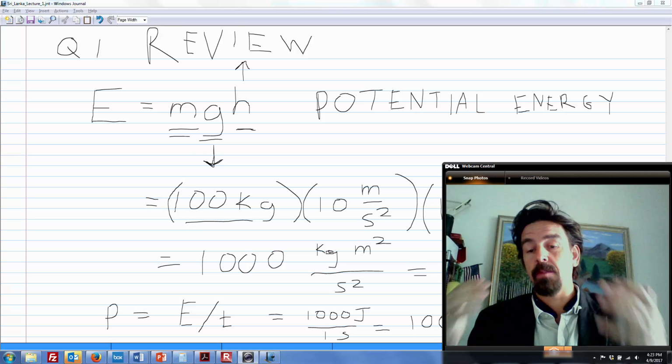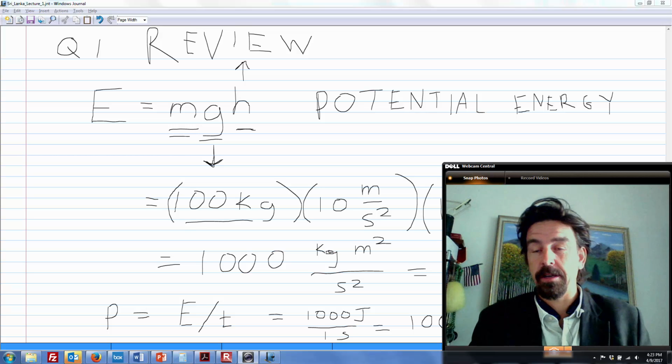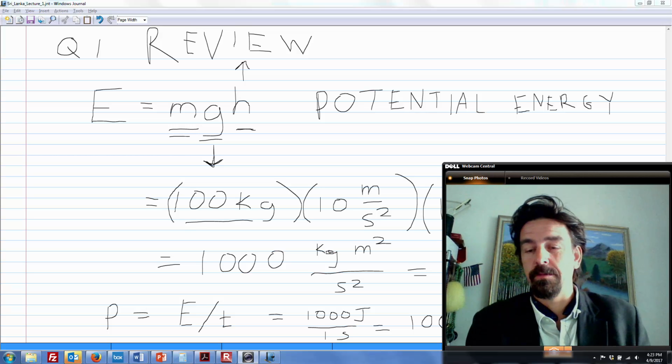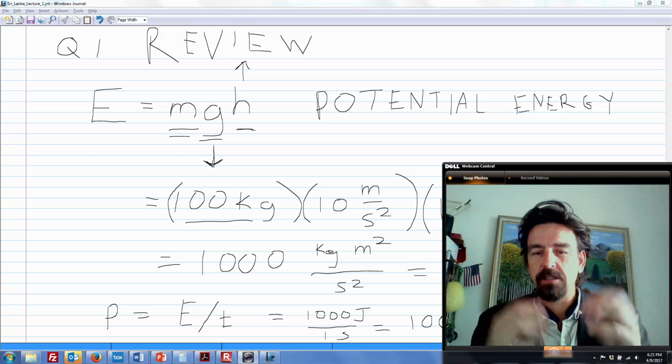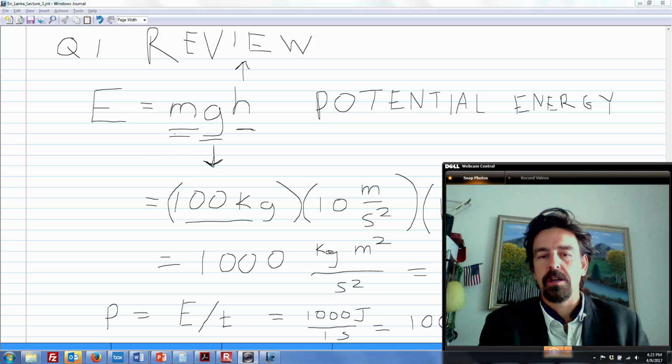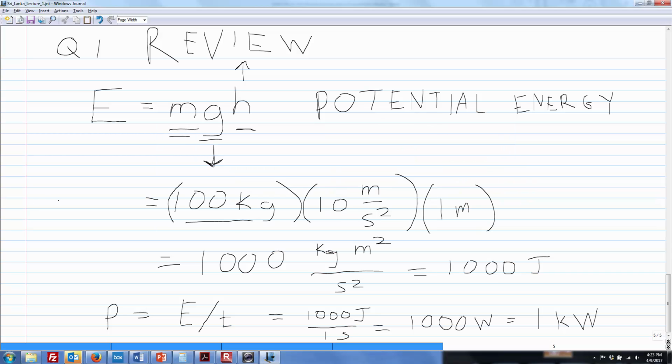So I have 100 kilograms, and if you want, you can go and stand on a scale and see how much you weigh. Maybe you weigh 40 or 50, maybe 60 kilograms. That's your mass. This is gravity, and we make it approximately 10 meters per second squared. It's actually 9.8.